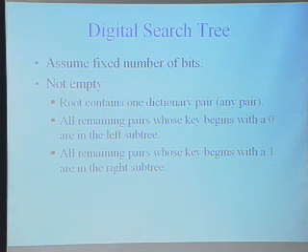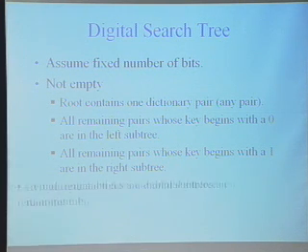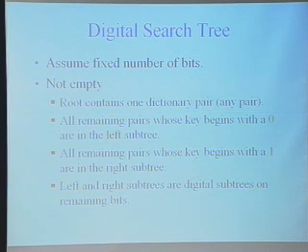So the partitioning into left and right subtrees isn't done by comparing the entire key with what's in the root, but only by looking at the first bit. So if the first bit is a 0, you go into the left subtree. If the first bit is a 1, you go into the right subtree. And then the left and right subtrees are similarly organized. The best way to get a feel for that definition is to simply look at an example.